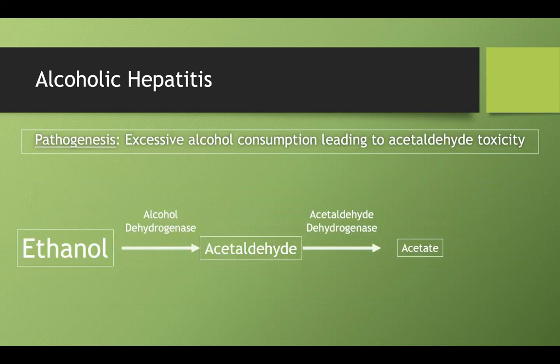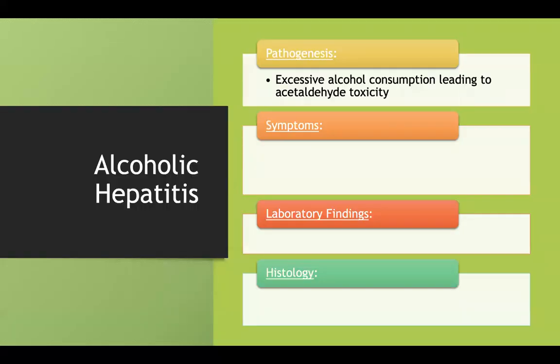But sometimes if you consume too much, you're going to overwhelm some of these enzymes, and they're not going to work as fast as they need to. So you're going to have not necessarily a blockage like that X indicates, but just a buildup of the products before this reaction. So you're going to get a buildup of acetaldehyde.